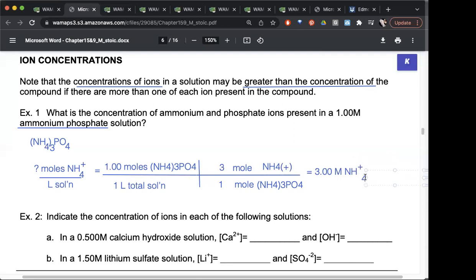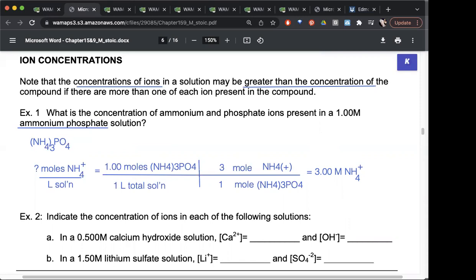So it has a higher concentration of ammonium than the original solution because each formula unit will dissociate completely into those 3 ammonium ions because it's soluble.